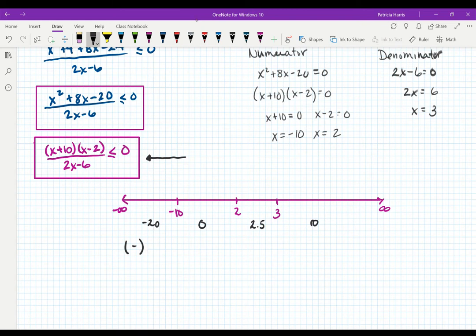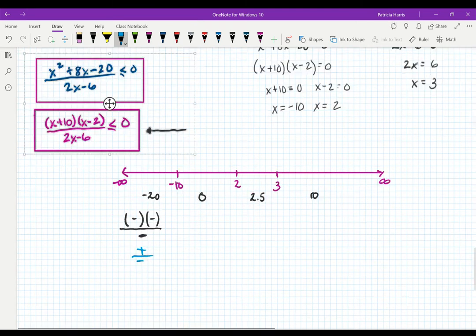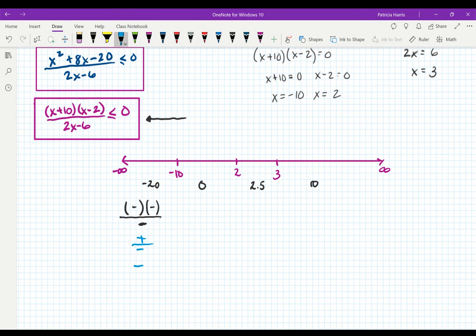And then negative 20 minus 2 is also a negative number. 2 times a negative 20, that's a negative 40, and then minus 6, that's another negative number. Now, I know it's negative 46, but the question is do I really need to know that information? So I have a negative times a negative, which is a positive, divided by a negative. Well, a positive divided by a negative is always negative, and negatives are always less than 0.